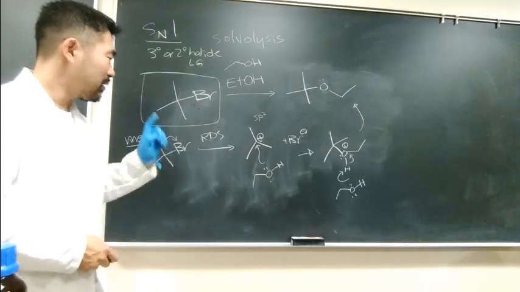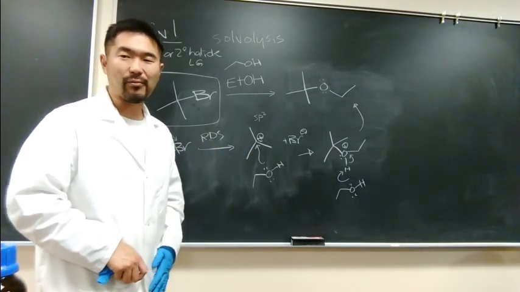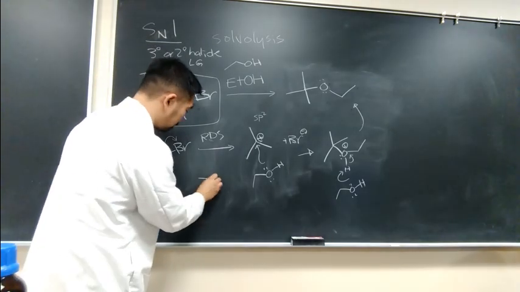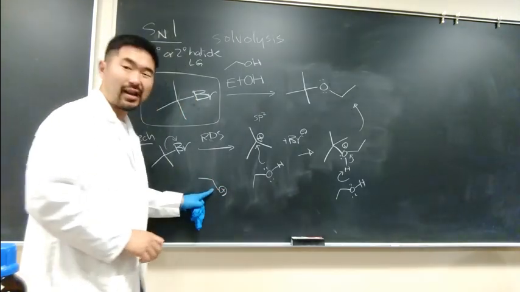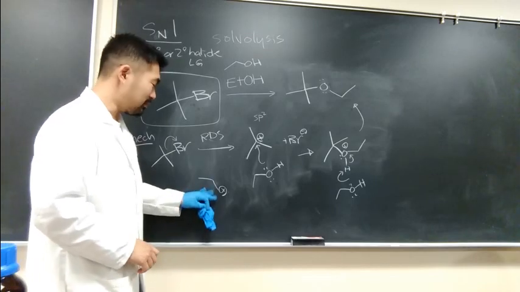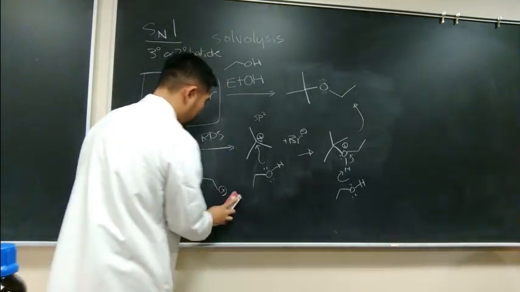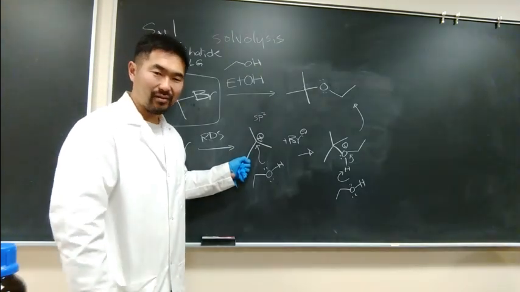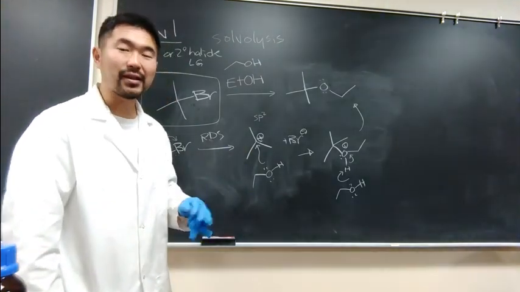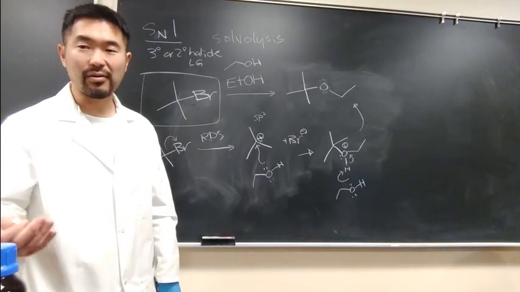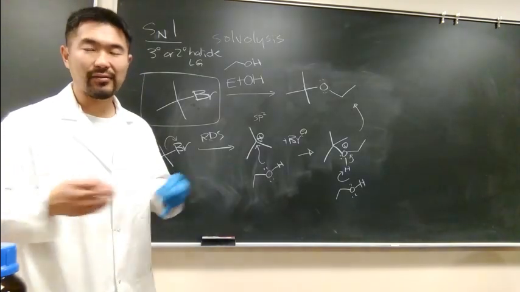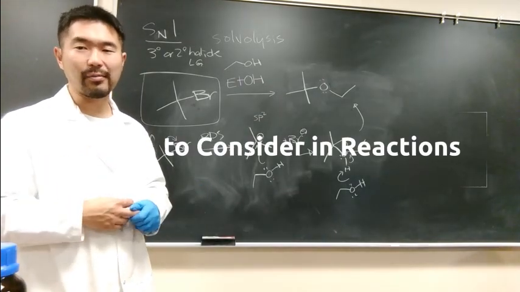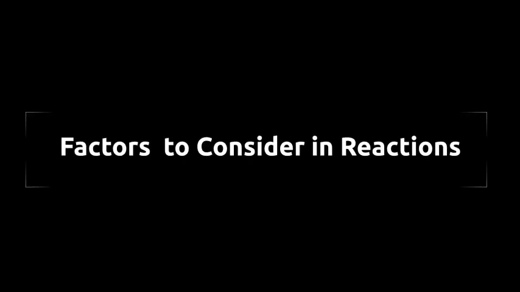But think about the mechanism and why such exceptions can exist, because normally a primary cation is so unstable that this really cannot exist. But in certain circumstances, maybe the primary cation is stabilized by resonance or something like that, and in those cases, even an SN1 solvolysis reaction could work with a primary substrate.